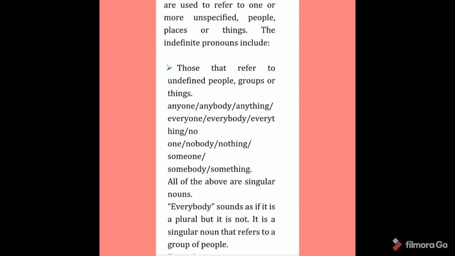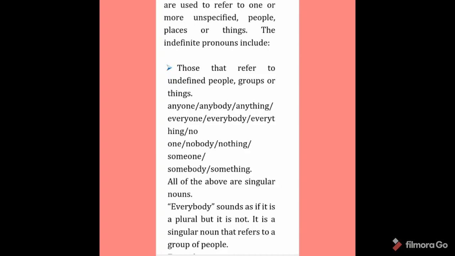Now, what is an indefinite pronoun? Indefinite pronouns do not replace a specific noun. They are used to refer to one or more unspecified people, places, or things. The indefinite pronouns include those that refer to undefined people, groups, or things. For example, anyone, anybody, anything, everyone, everybody, everything, no one, nobody, nothing, someone, somebody, something.